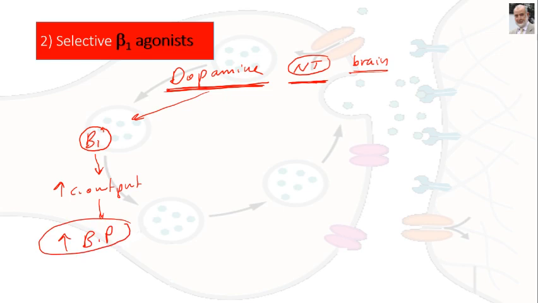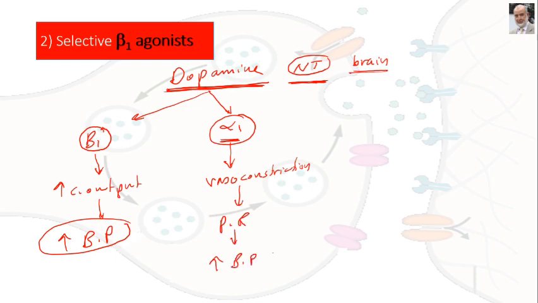Okay? If we use a higher dose of dopamine, it can act on alpha-1 adrenergic receptors as well. And we know that alpha-1 adrenergic receptor will produce vasoconstriction, and by producing vasoconstriction, peripheral resistance will be increased, and blood pressure will be increased.